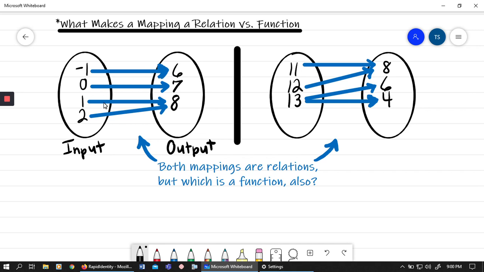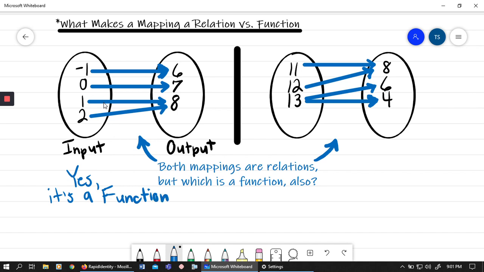So because of that, this relation on the left side is a function as well. Alright, so again, it is a function.